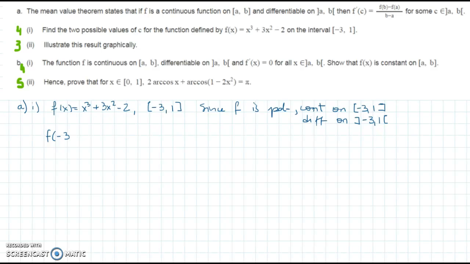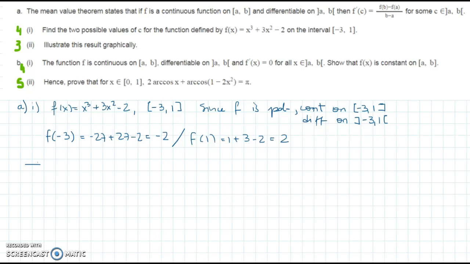So what is the value of f at minus 3? This is minus 27 plus 27 minus 2, and this is minus 2. I'm going quickly here because we did do this part in class last time. And f at 1 is 1 plus 3 minus 2, which is equal to 2.